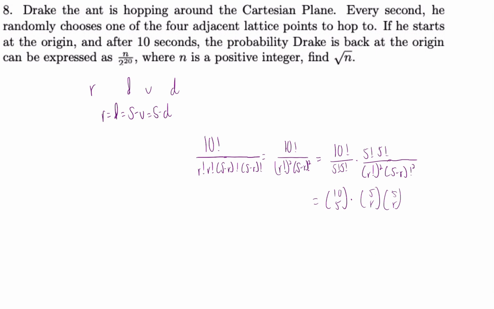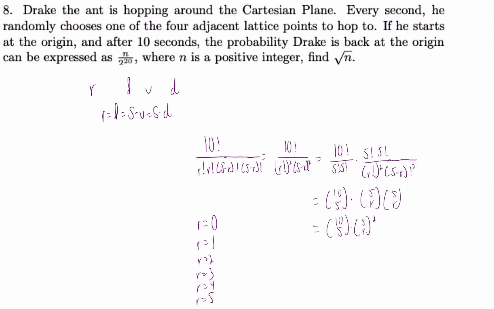Okay, now that we have this, we want to sum up 5 choose r squared over all possible values of r. And r can be equal to 0, 1, 2, 3, 4, or 5.